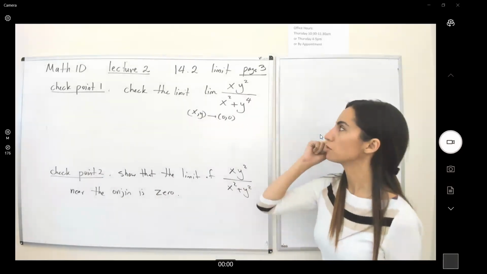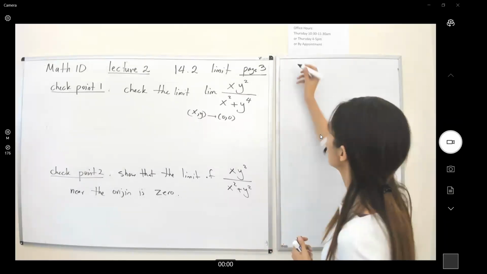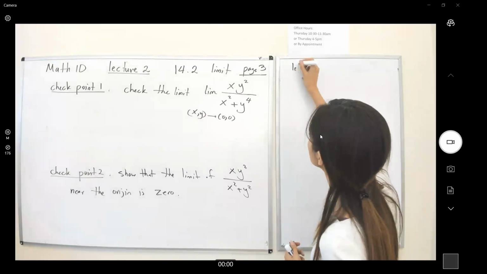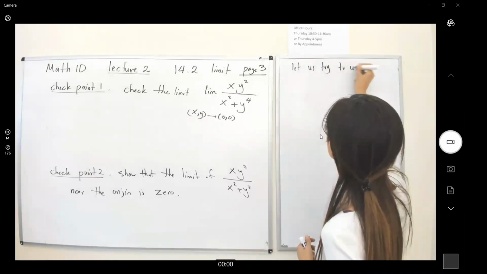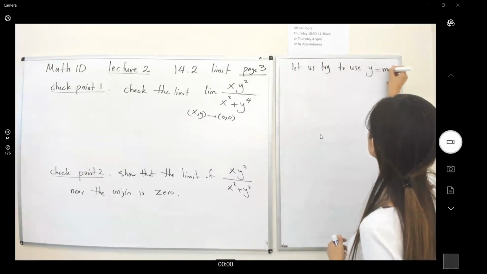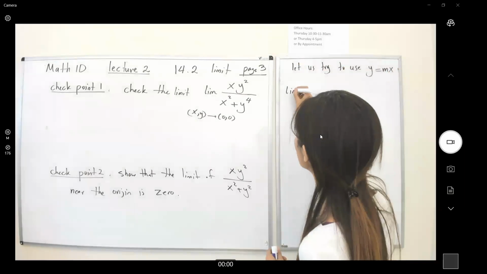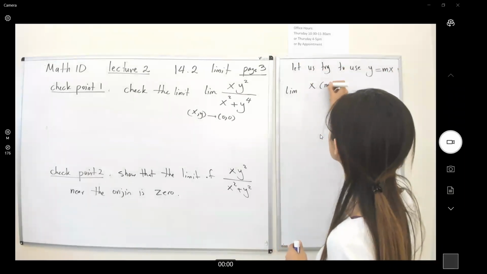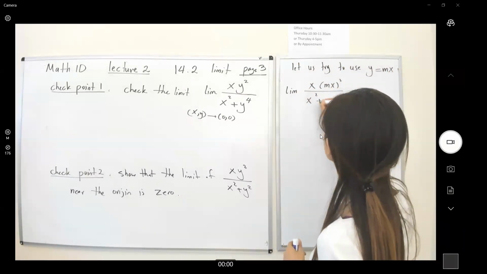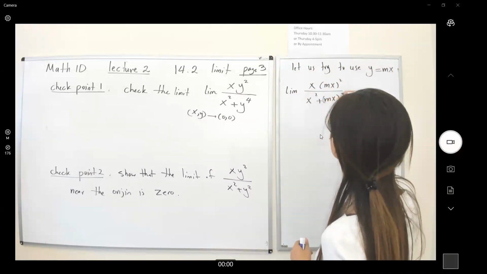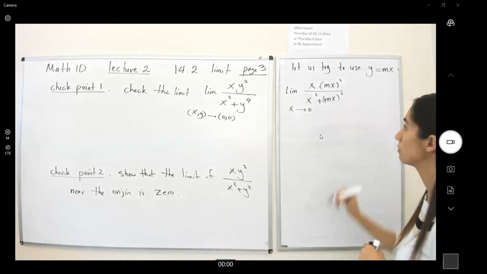For the first one, you might say, okay, let us try to use y equals mx. Then I get a limit of x times mx squared, divided by x squared plus mx squared, and x goes to 0. There you go.